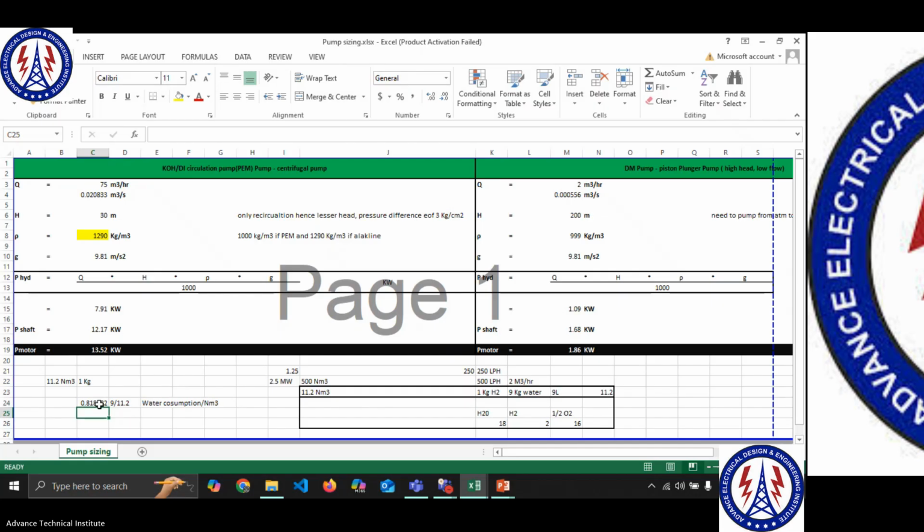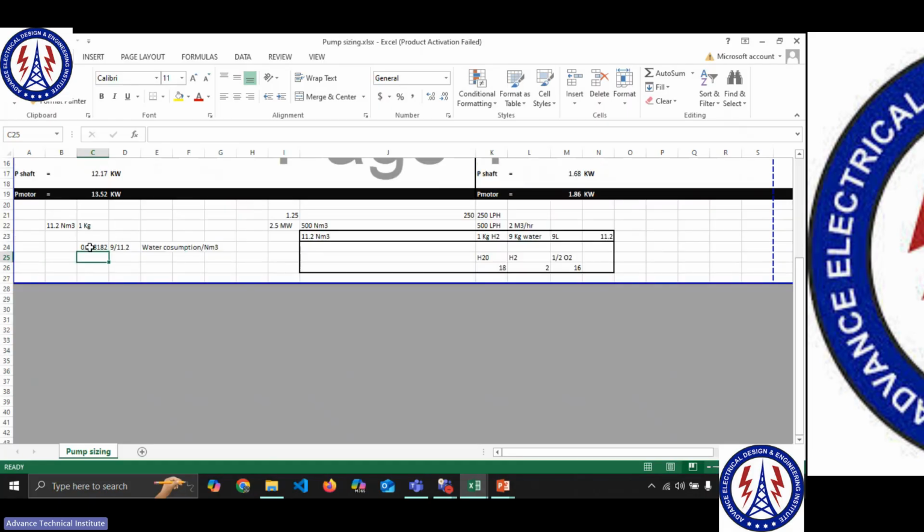Got my point? Simple, straightforward. There should not be any confusion here. Let's write it. So 9 kg of water generates 1 kg of H2.